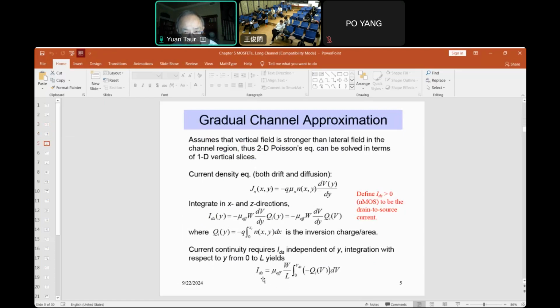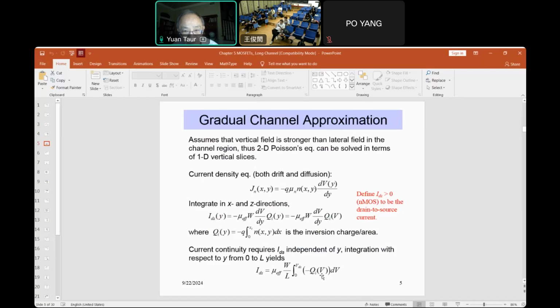The current is mu W over L, where the L is divided from the left side, times the integration of Qi with respect to dV. As I said, we define IDS to be positive, but Qi is negative because this is NMOS.